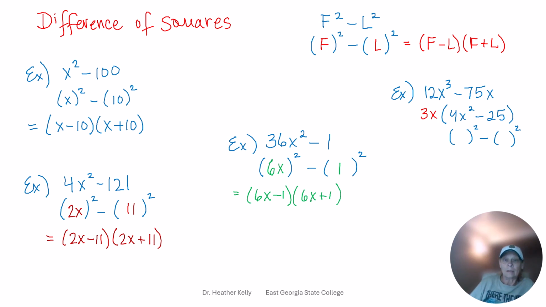This has a 2x in here and a 5 in here. So those factors are 2x minus 5, 2x plus 5, and then don't forget that we have this 3x from the beginning. Okay, let's move on to the difference and sum of cubes.